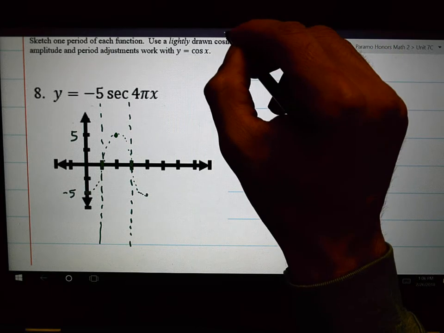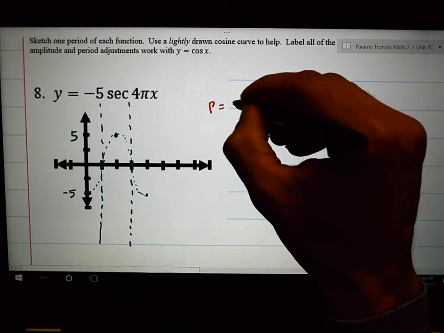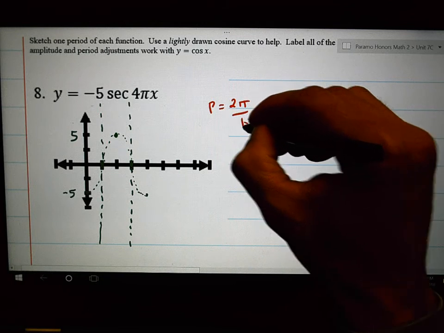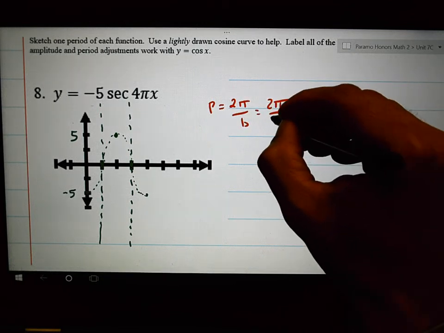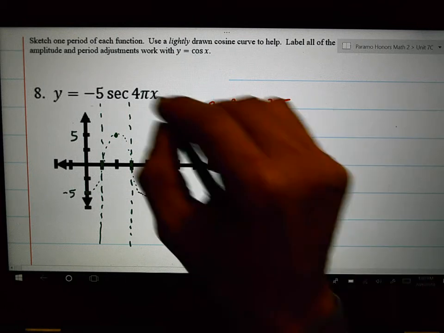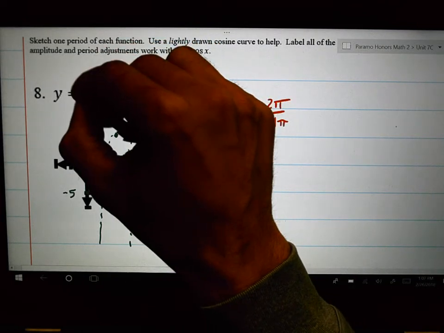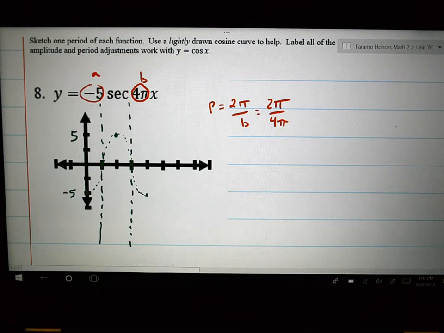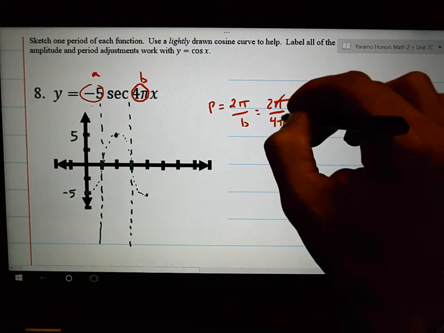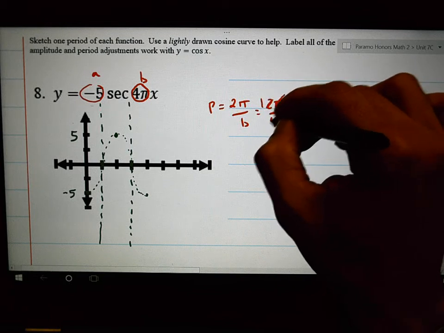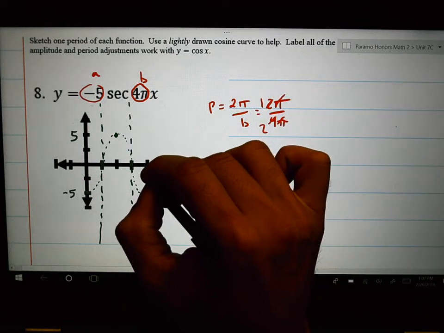So I'm going to switch this over to red. The period is 2 pi divided by b. 2 pi divided by the b value here is 4 pi. There's your b. Here's your a. So that means my period must be 1 over 2 radians, or 1/2.